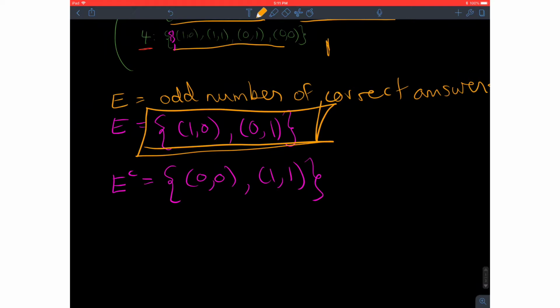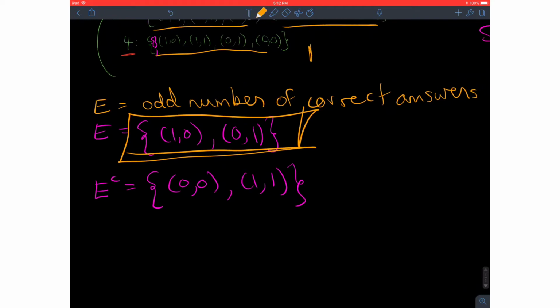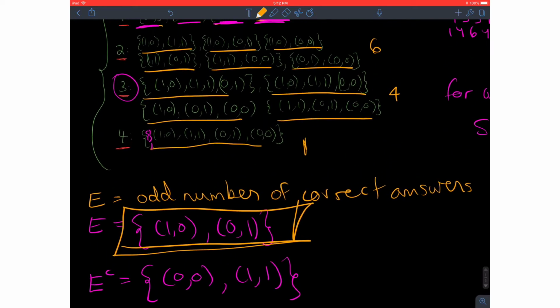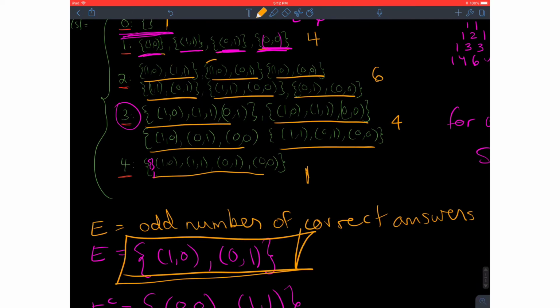This is the event which says an odd number of correct answers, which is how things are usually phrased when they ask you about a probability. They don't just enumerate a bunch of elements of a set. They'll ask you a question like, what's the probability of getting a 10 or higher, or getting an odd result. And so this one here is the set which corresponds to the question, an odd number of correct answers.